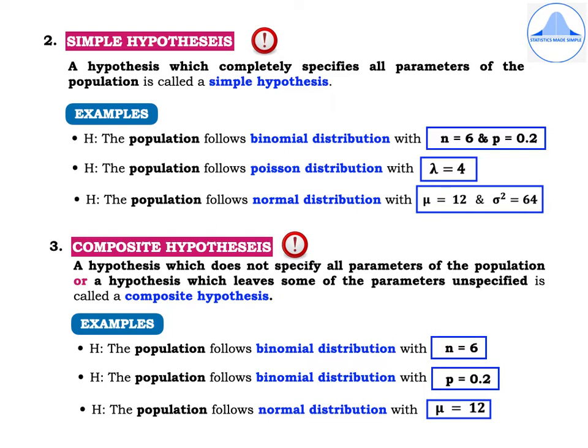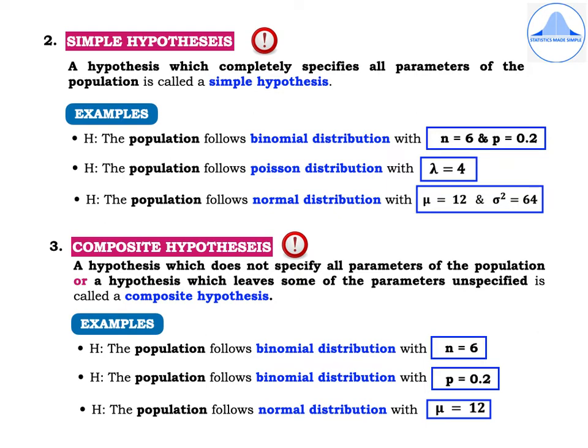Second example, H denotes the population follows binomial distribution with p equal to 0.2. Here I am not defining the value of the other parameter which is n, and hence this hypothesis is a composite hypothesis. The third example, H denotes the population follows normal distribution with mu equal to 12.